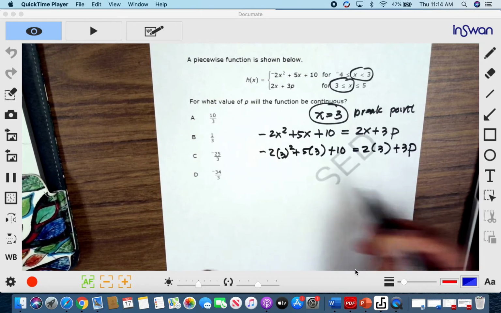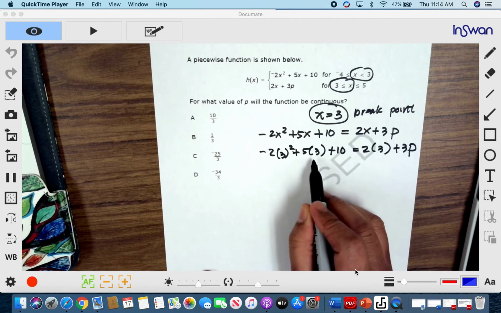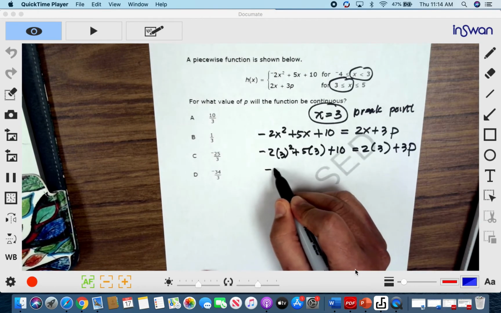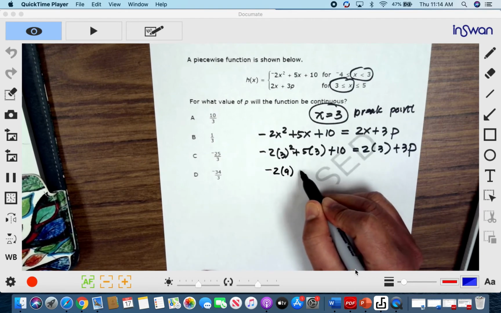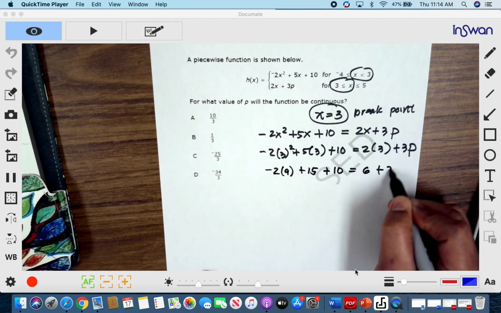So negative 2 times 3 squared plus 5 times 3 plus 10 is equal to 2 times 3 plus 3p. You can put everything in the calculator and find the value by using that, or you can do your algebraic strategy. Negative 18 plus 15 plus 10 is equal to 6 plus 3p.